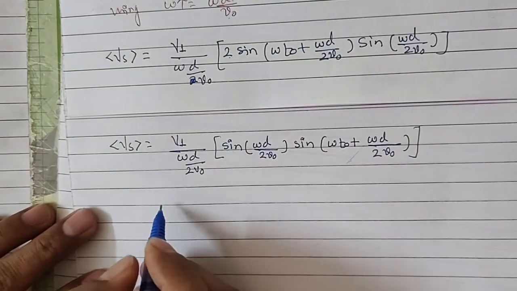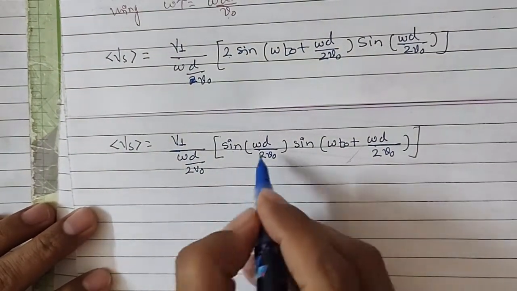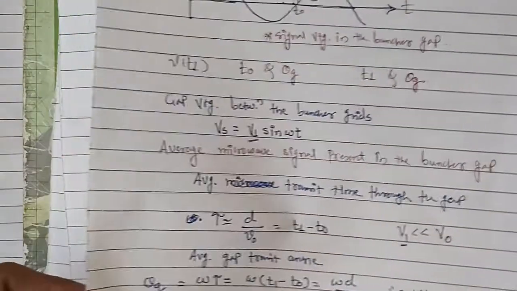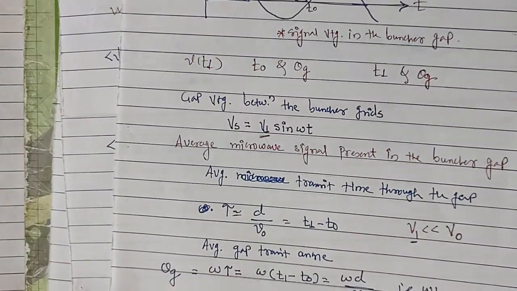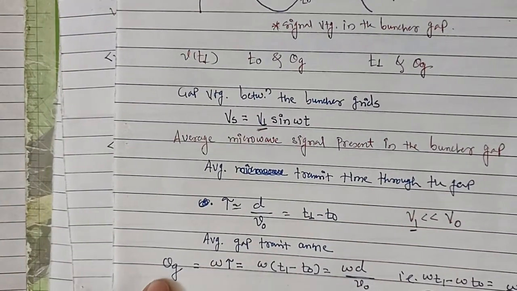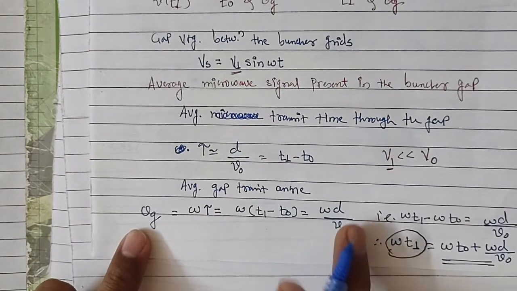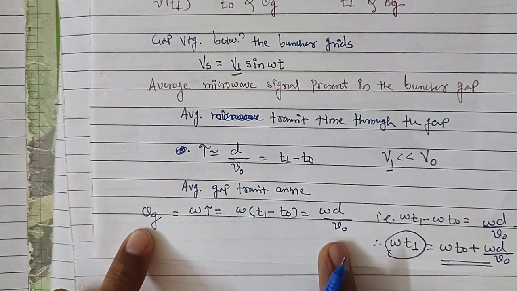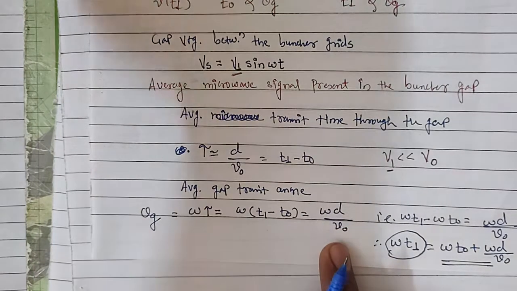Now the term omega d by 2 V0, if you remember, omega d by V0 is theta g. So omega d by 2 V0 would be theta g by 2.